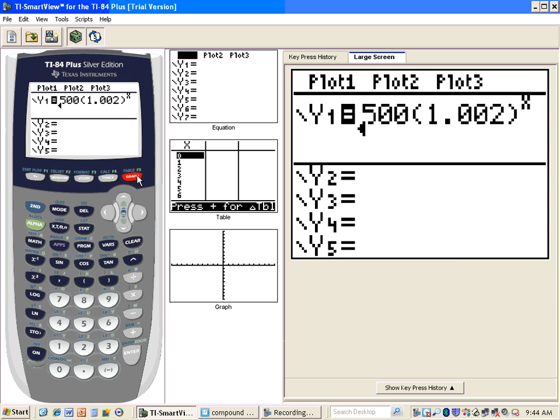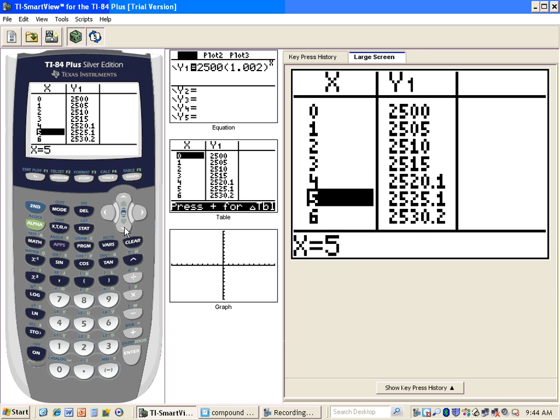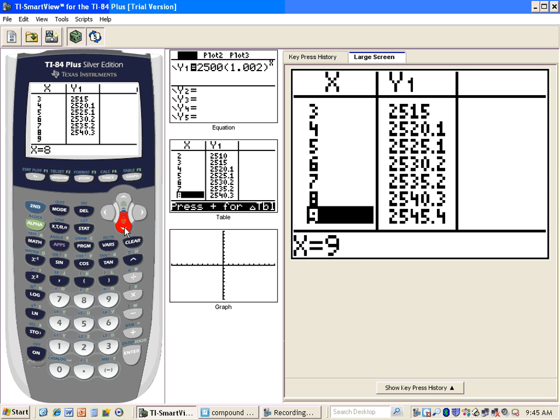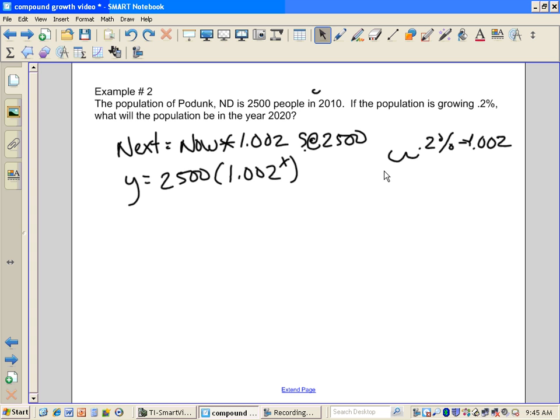And let's go look at the table. So 10 years later, this is pretty small growth. Here's 10 years later, we have 2,550 people. And we can't have 0.5 of a person, so we'll round up since it's 5 or above. So 2,551 people 10 years later.